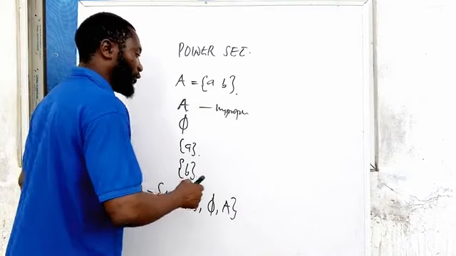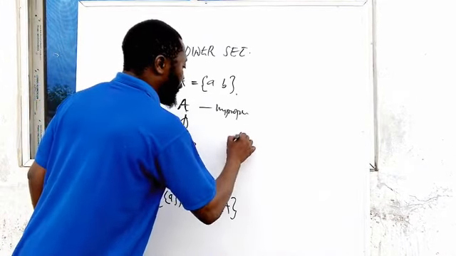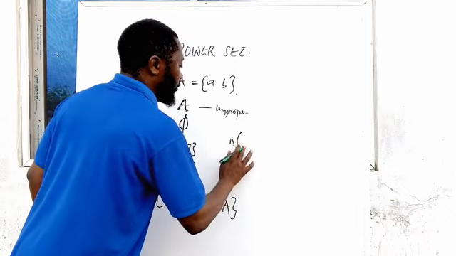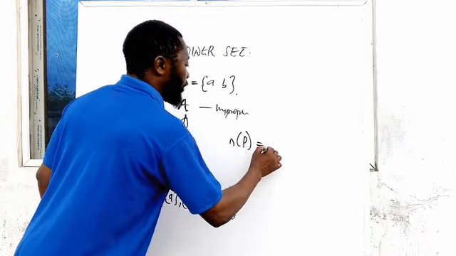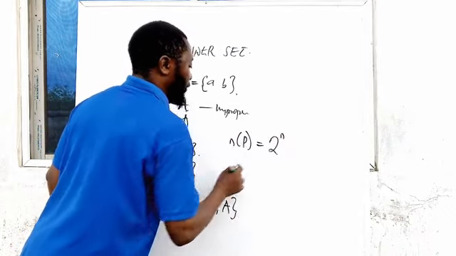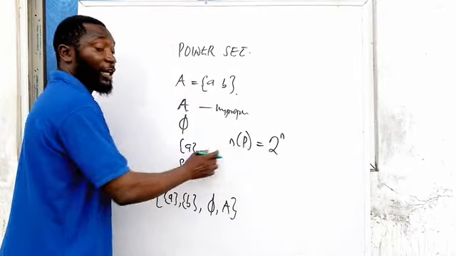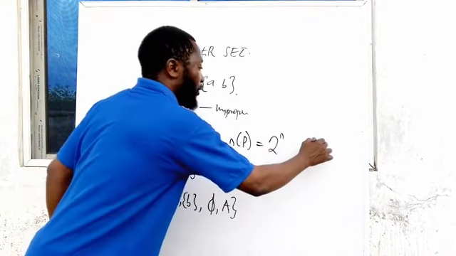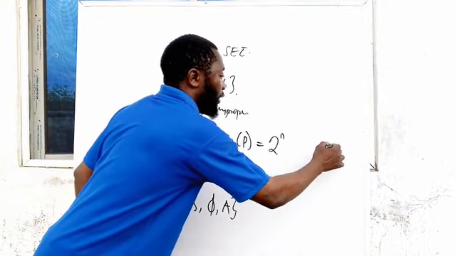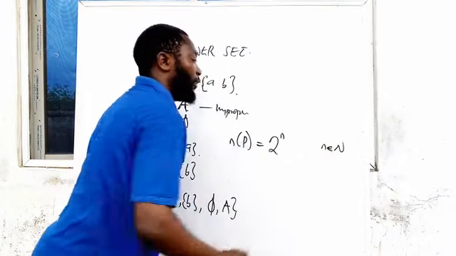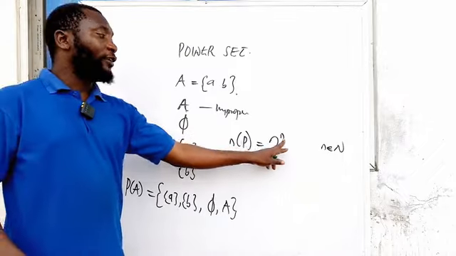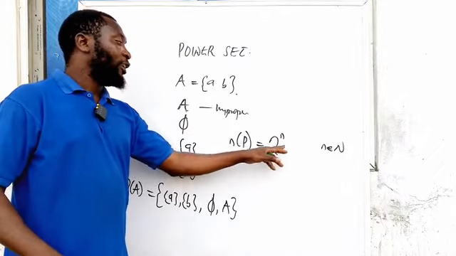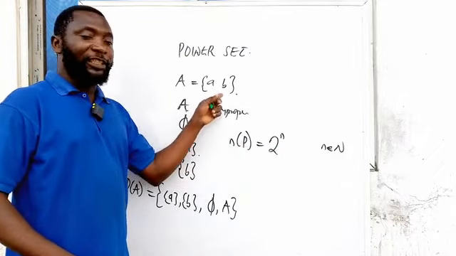The n of your power set is given by 2 raised to the power of n. This n of means cardinality. Your n is just an integer, a subset of the natural numbers. So this n represents the number of members in that given set.